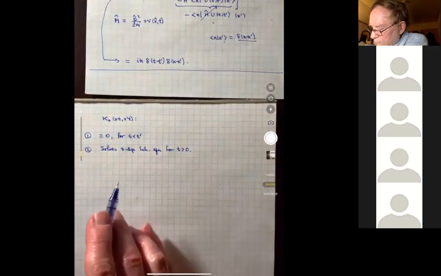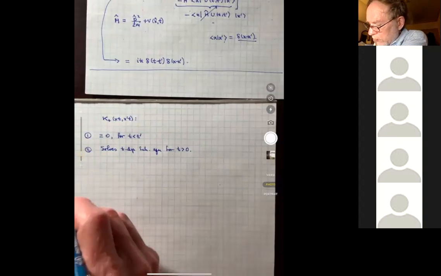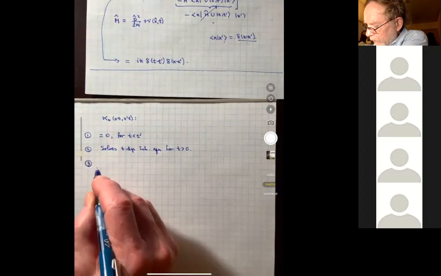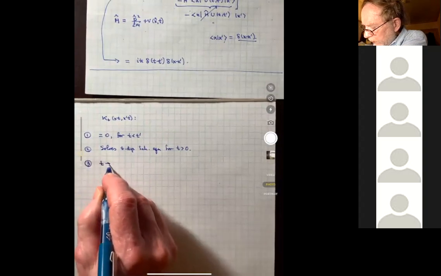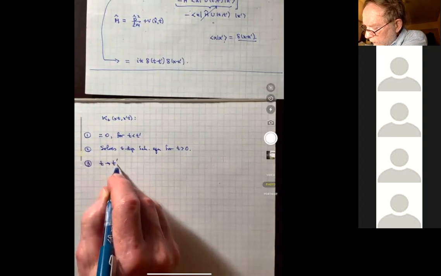Now then, for the solution of the time-dependent Schrodinger equation, usually the way we would get it is we'd have some initial conditions and then we'd evolve forward in time. So this raises the question, what are the initial conditions? That leads to the third property we want to look at. Let's let t approach t prime. T prime was the initial time. Let's approach it from the positive side.